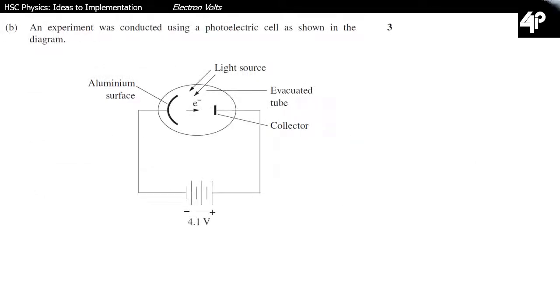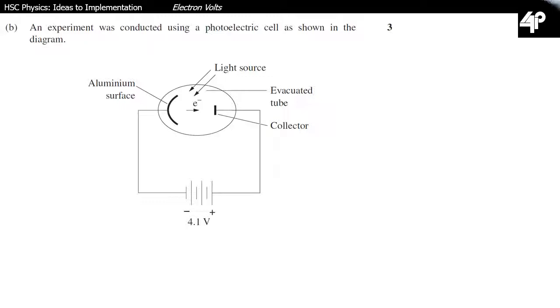Moving to part B, the first thing that you get in part B, unfortunately this question is split over two pages for some reason, so we're going to have to look at each little section one at a time. In this part of the question, you do get a diagram that shows you a photocell.